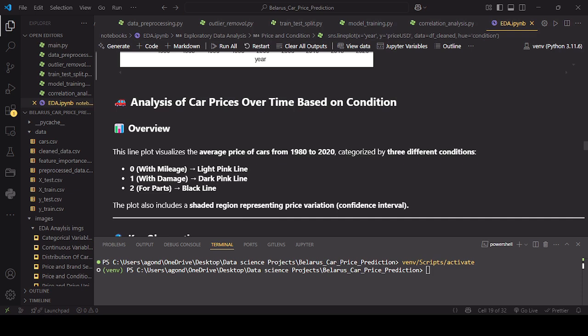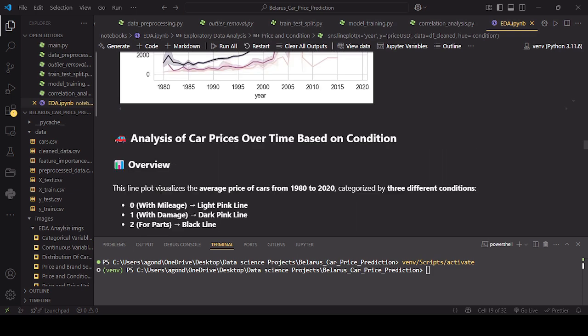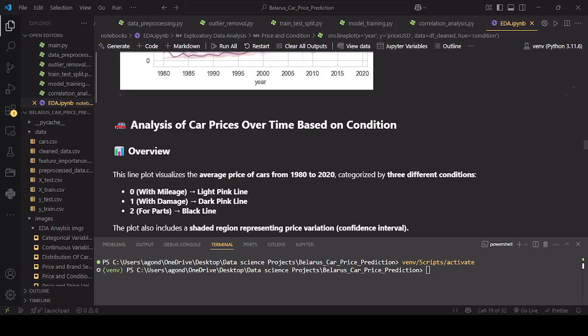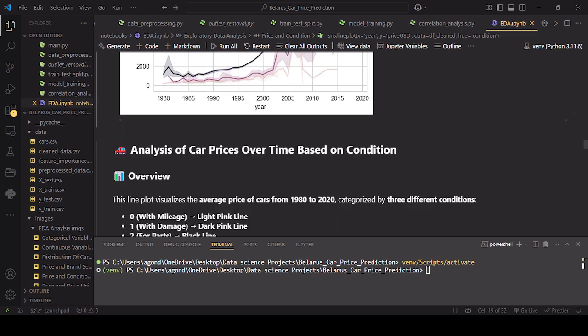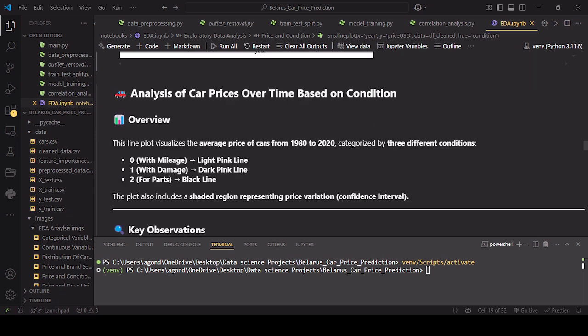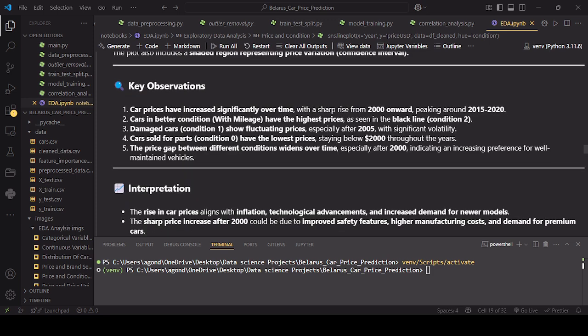Let's see what they actually are. 0 is for the mileage one, then the dark pink one was with damage, and for parts the black line. Okay, then let's see how it was done.